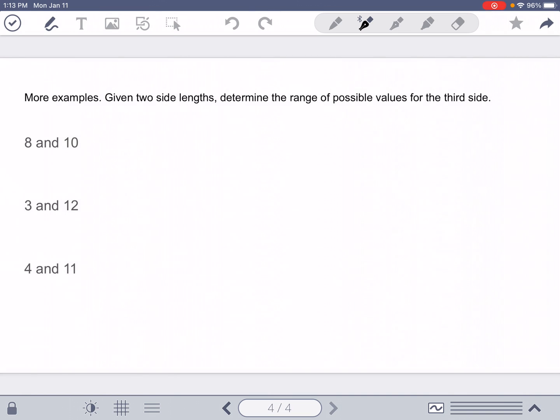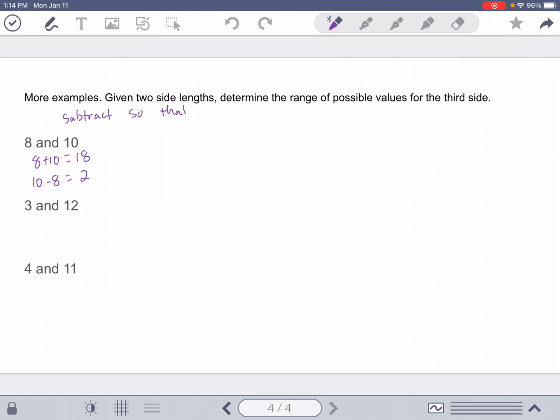Practicing here. 8 and 10. So 8 plus 10 is 18. 10 minus 8 is 2. You always want to subtract so that your answer will be positive. So let's write that down.